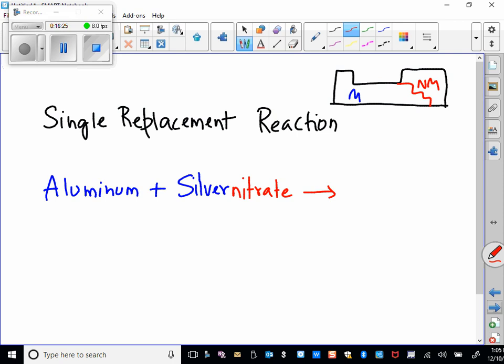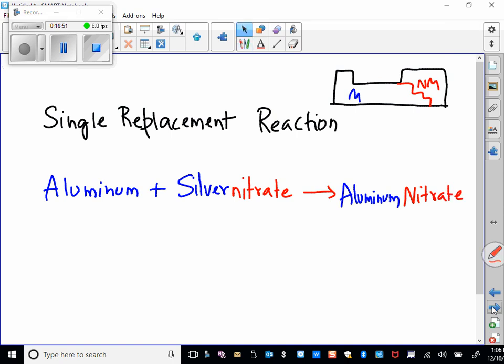Okay. So, what do you expect the products to be? Aluminum nitrate plus silver. Very good. So the product should be aluminum nitrate plus silver.